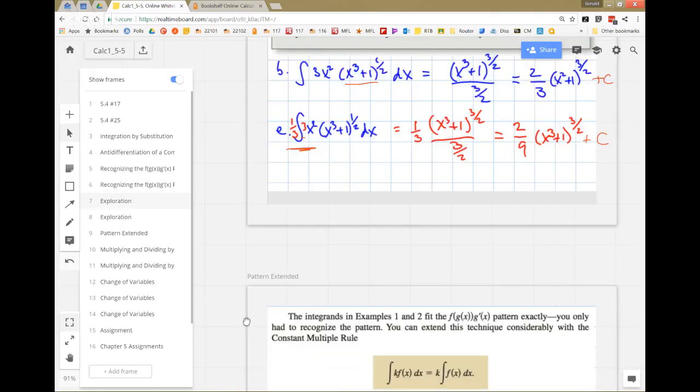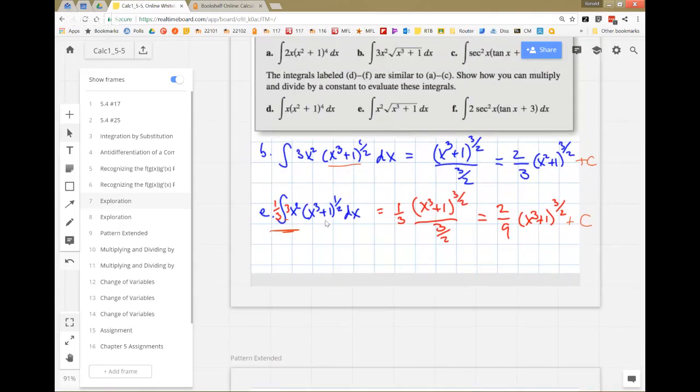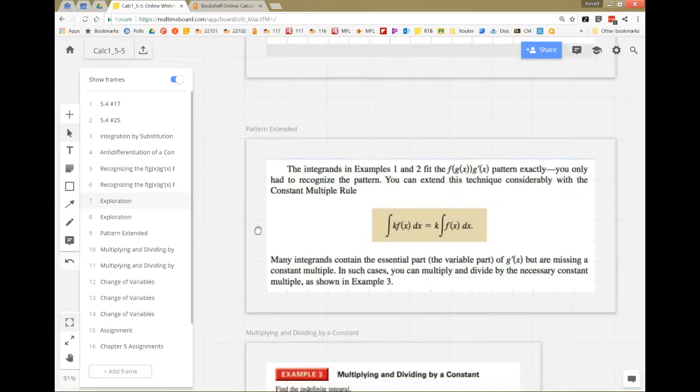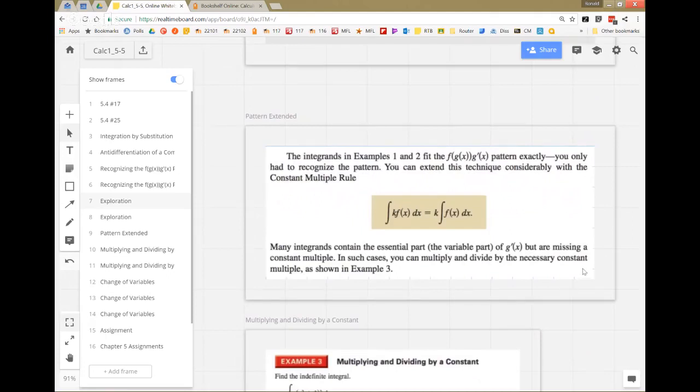That would be a perfect example of what we did in part E. This originally read x squared times the square root of x cubed plus 1, and x squared is not quite the right chain rule. It should be 3x squared. So you can tweak that by putting in a constant and then multiplying by the inverse, so it comes right back to where it was.